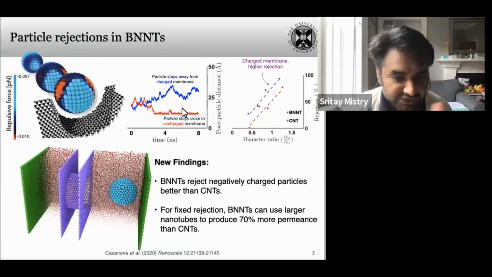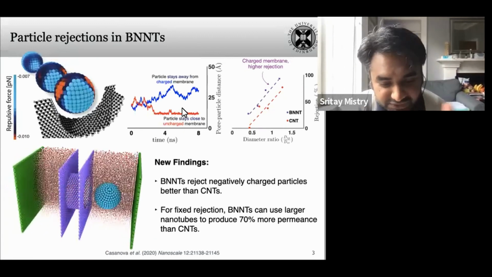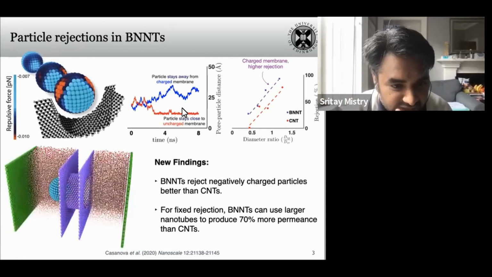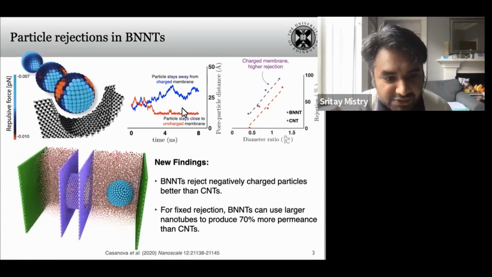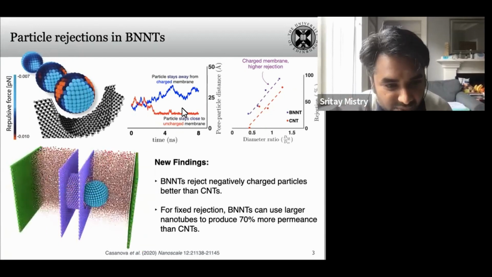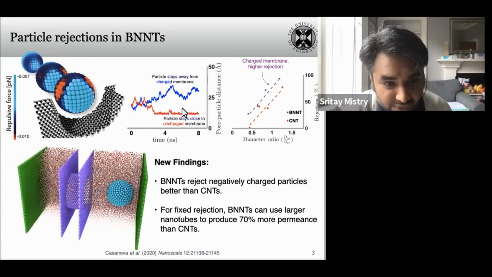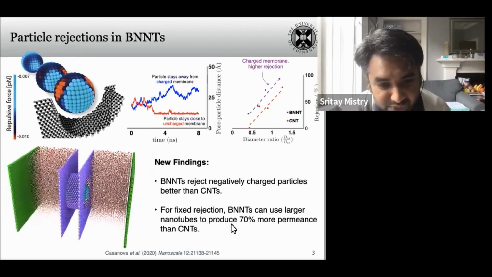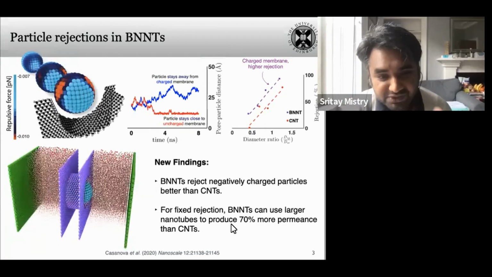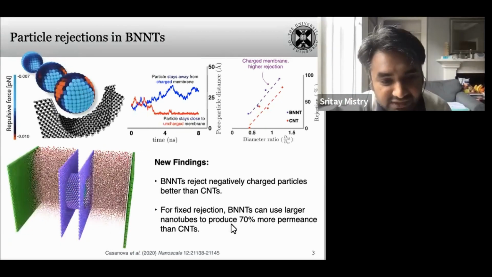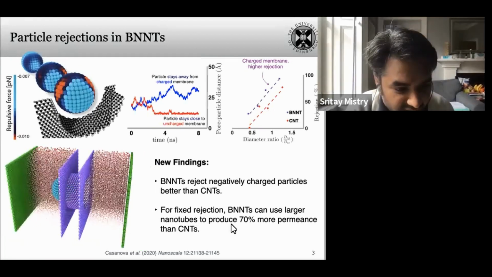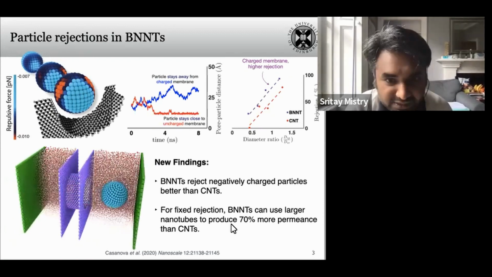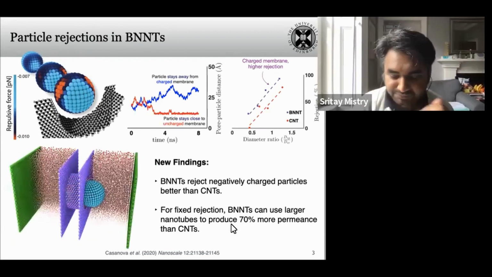The other thing this allows is that because the repulsion is also being done by the charge of the membrane, you can have a larger pore, and a larger pore means you can have more water flow for the same amount of rejection. We found that BNNTs, because we can use larger pores, have up to 70% more water flow through a BNNT compared to the CNT for the same amount of rejection. So very clearly, BNNT is a material worth looking into.